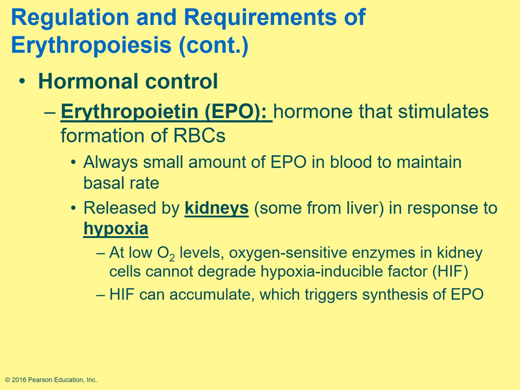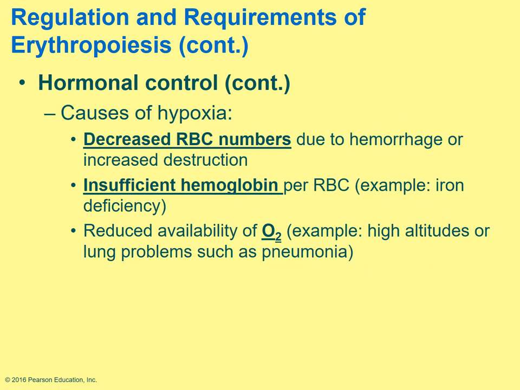Some is made in the liver, and it's going to be released partly in response to hypoxia. If low levels of oxygen are sensed, then you're going to want to increase the amount of red blood cells so you can get more oxygen to the cells.